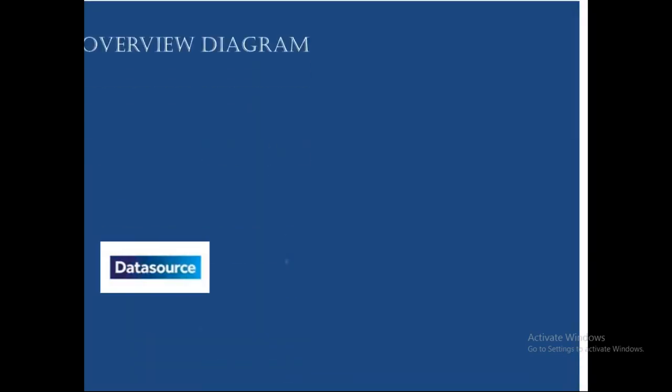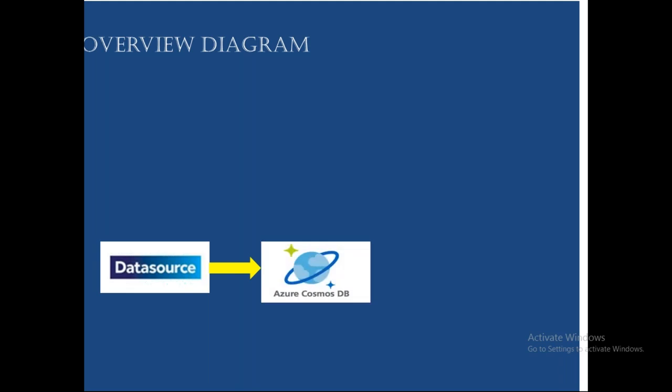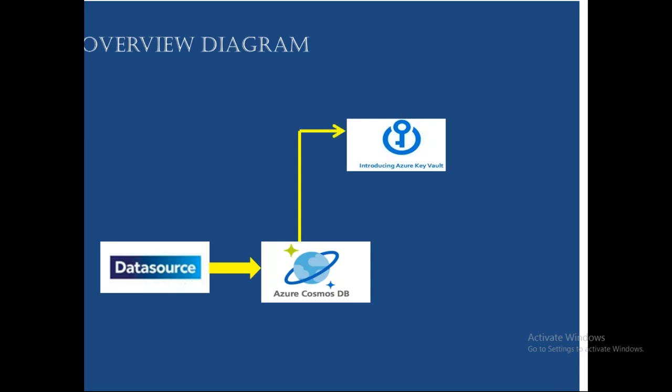Next, the overview diagram you see. So how will I connect to Azure Cosmos DB? We have a data source. Let's say you have data in Cosmos DB or you want to load data into Cosmos DB. So our data source is Cosmos DB. The Cosmos DB keys I will keep in a Key Vault. Then I want to connect to Cosmos DB from ADF. First, I will go to the Key Vault and read the credentials.